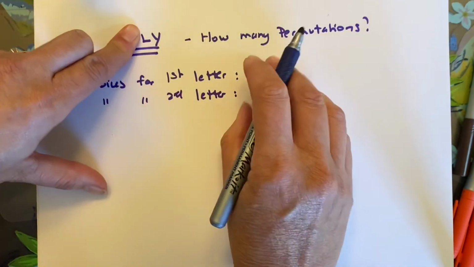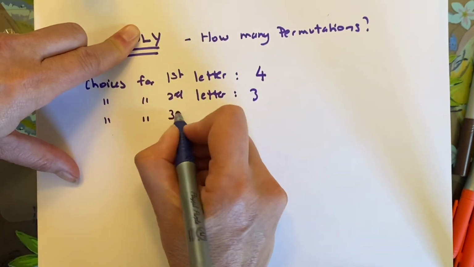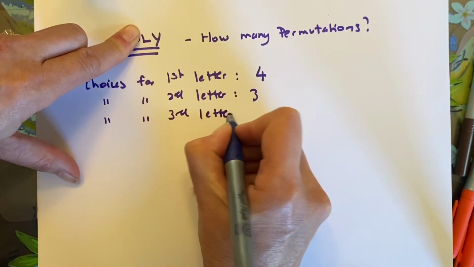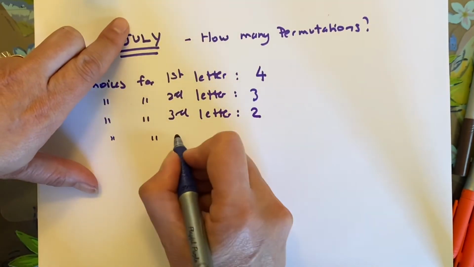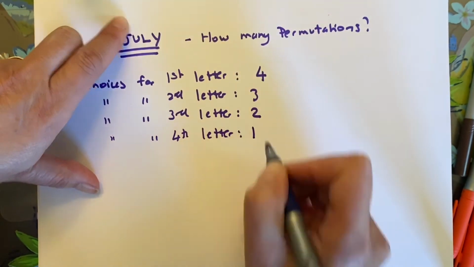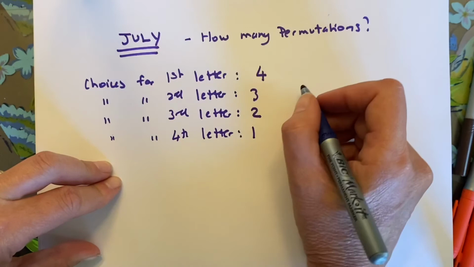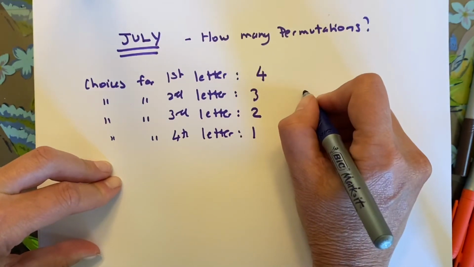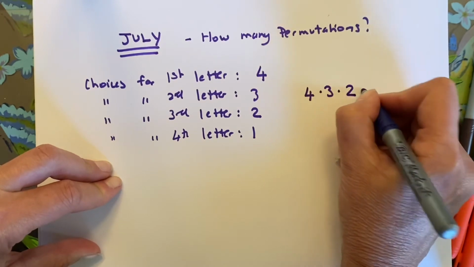And then now I've picked 2, and the choices for my third letter is now 2. And once I've done that, I only have 1 left. So when I have 4 letters, my permutations are going to be 4 times 3 times 2 times 1.